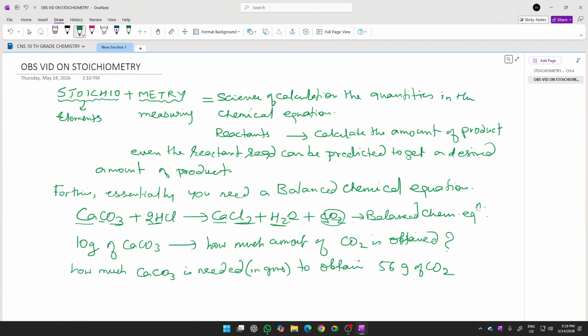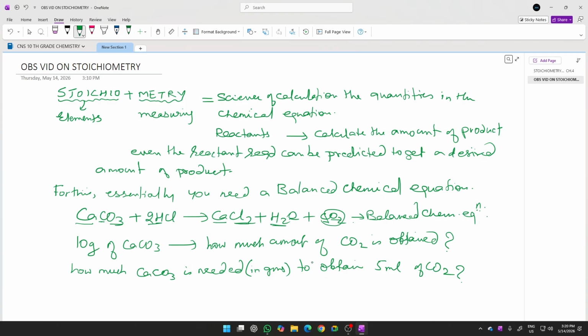It can be in grams also, or you can say to obtain, say, 5 ml of carbon dioxide, something like that. So both these types of questions are telling you that stoichiometry is something which will help you in getting answers to such questions, right?